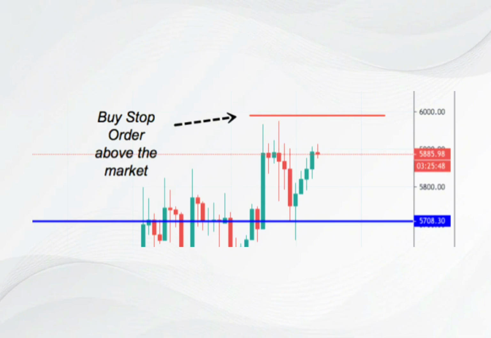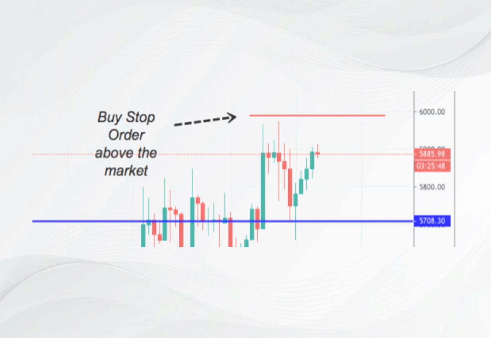You'll be expecting price to keep pushing further up. So buy stop order is an order you place above the current market price, that you are expecting the market to get to that particular price and then to keep going up. You will keep buying. Okay, so that is for the buy stop.